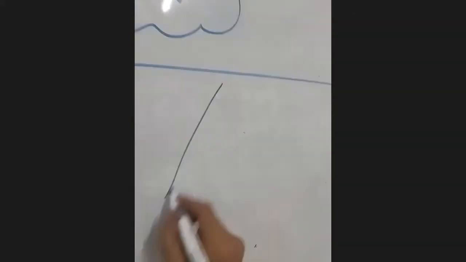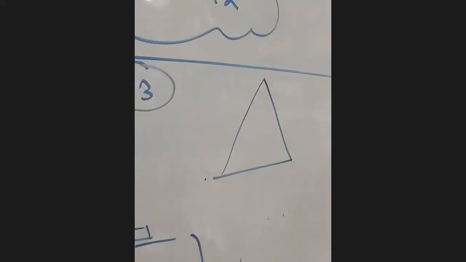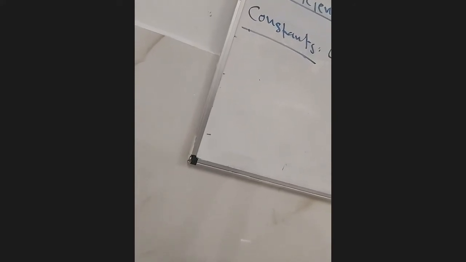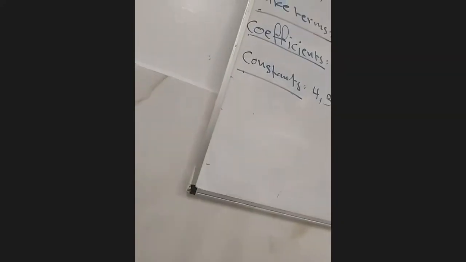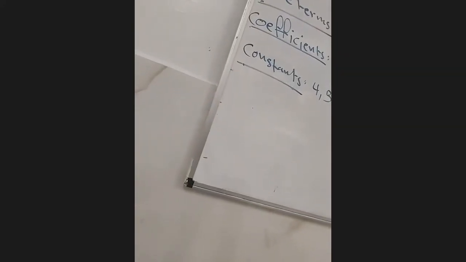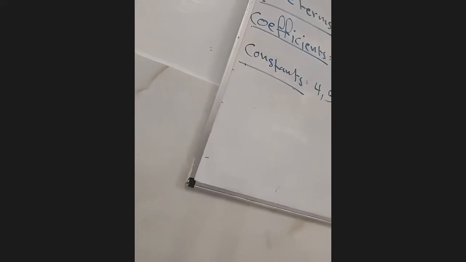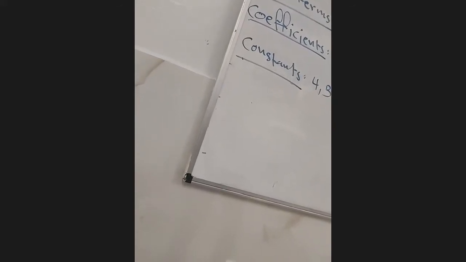Question 13, we have a triangle. So I draw a triangle. Let's read the question together. In a triangle, there are two sides that have the same length, and the third side is 1.5 times longer than the length of the other two.